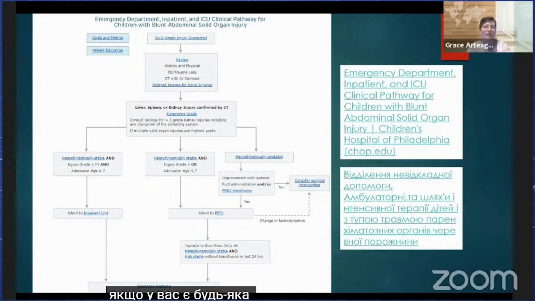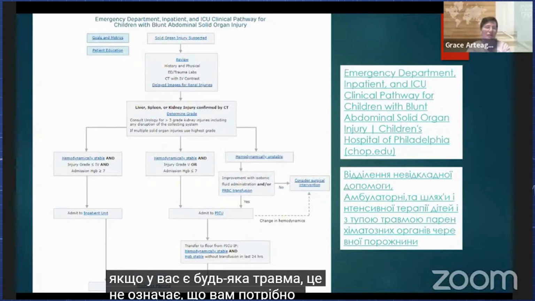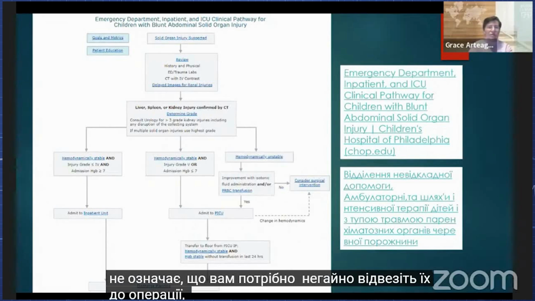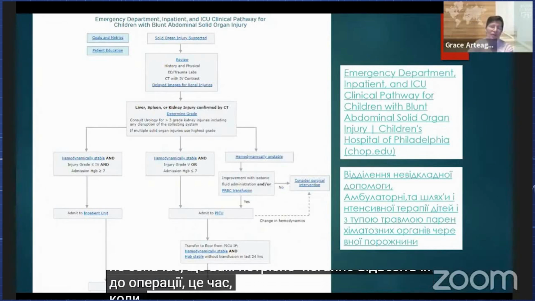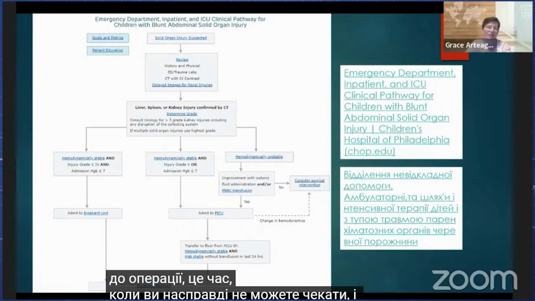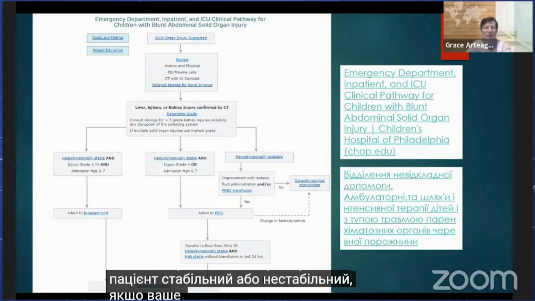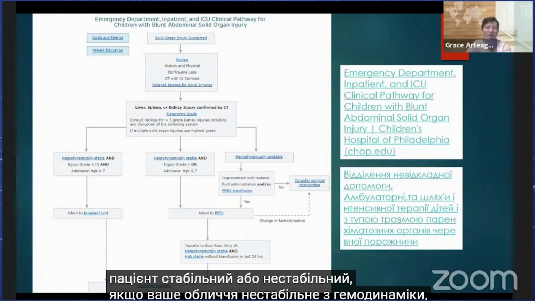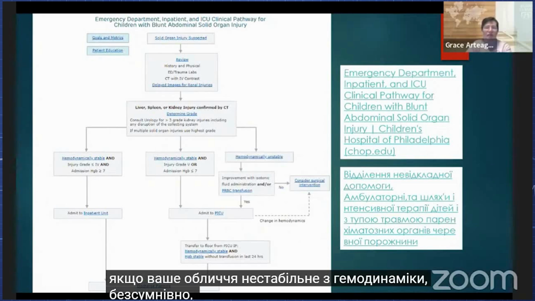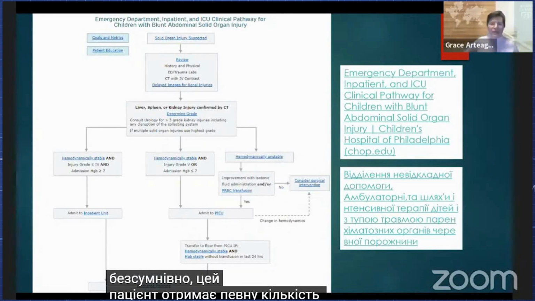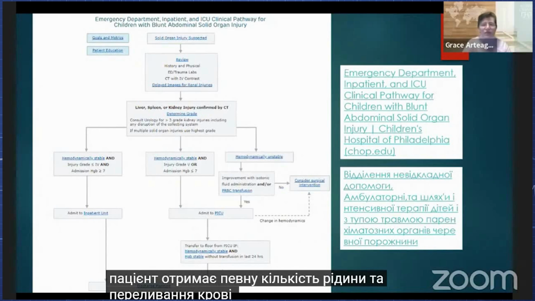If you have any type of injury, that does not mean that you need to take them immediately to surgery. This is a time where you actually can wait and you can move into the algorithm, depending on whether the patient is stable or unstable. If your patient is hemodynamically unstable, there's no question that that patient will receive some fluids and blood transfusion.